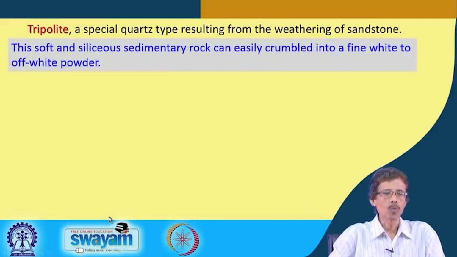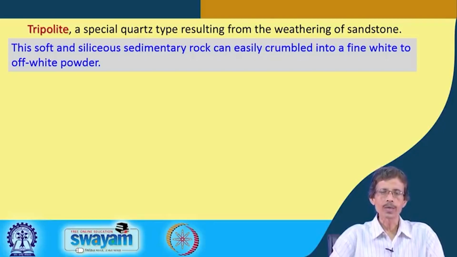It can be a siliceous sedimentary rock material, because your sandstone is nothing but a sedimentary rock variety. And when the top of that sandstone gives a powder-like material, that can definitely be a soft material and can easily be crumbled into fine white to off-white powder.